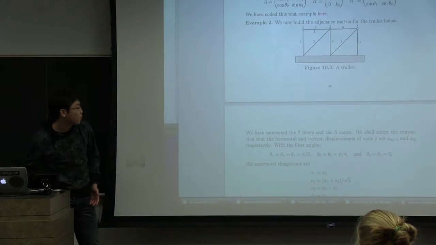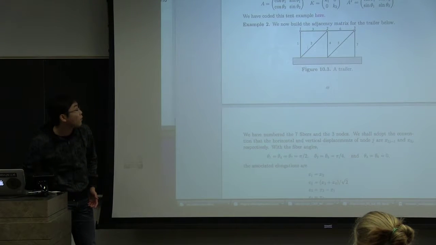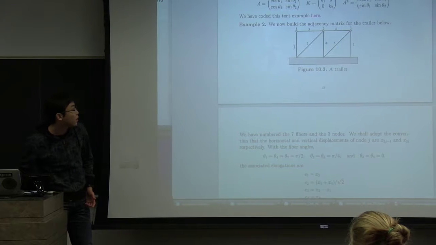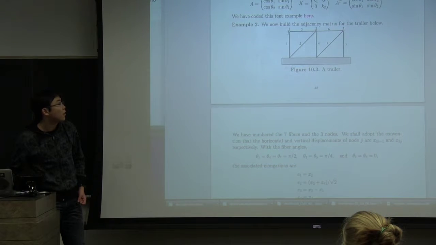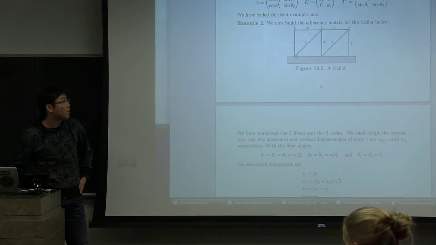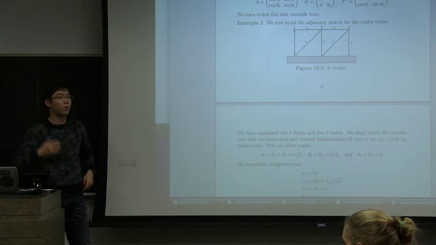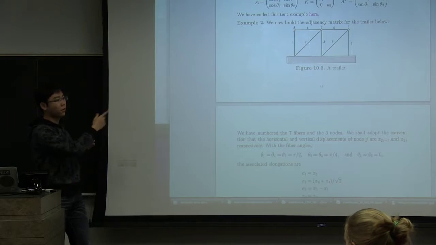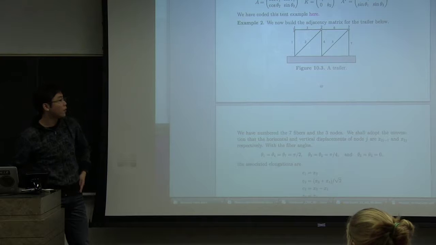For example, E1 basically is influenced by x2, the horizontal movement of node 1, because this node is not movable and doesn't go up. So when you push this thing to the side, E1 goes to the side. That's pretty straightforward.